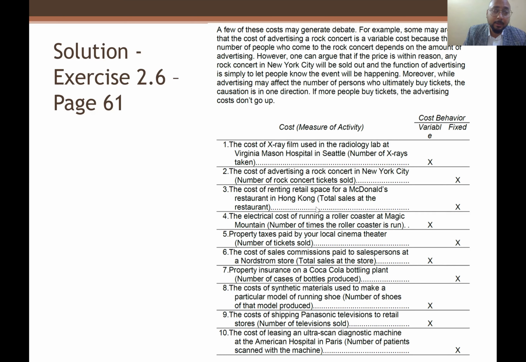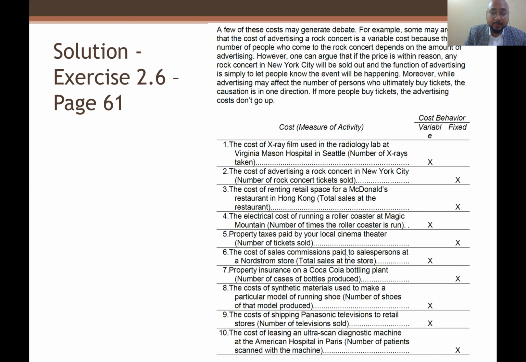Whether they sell one burger or two burgers, the rent cost remains the same. Fourth, the electrical cost of running a roller coaster, based on the number of times the roller coaster runs, of course variable. The more times it runs, the higher the cost. Fifth, property taxes paid by your local cinema theater, of course fixed. It has nothing to do with the number of tickets sold.